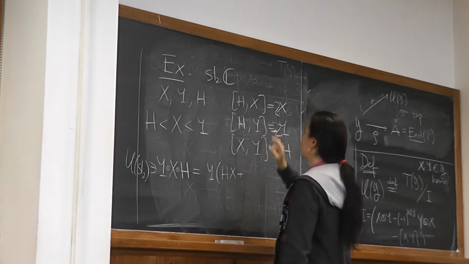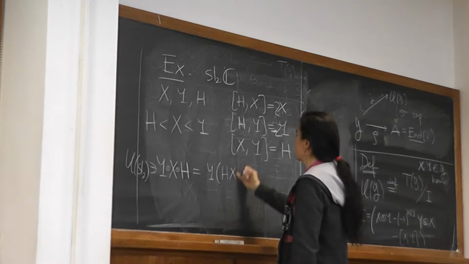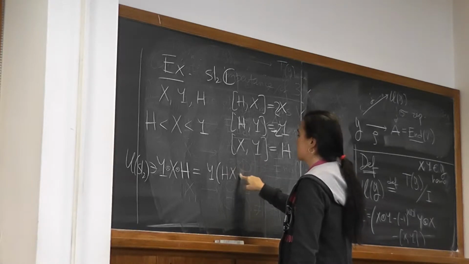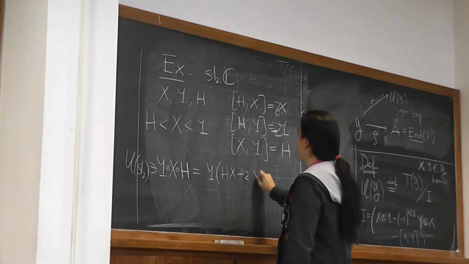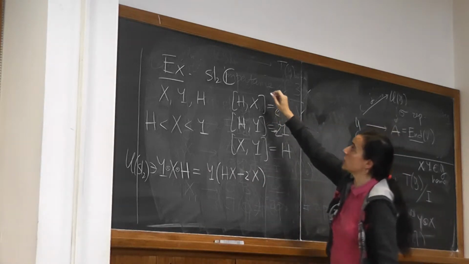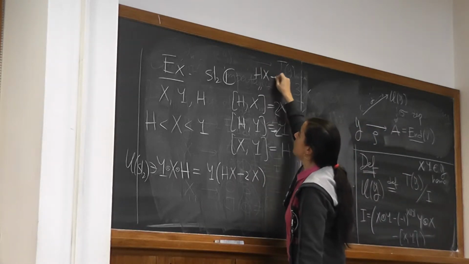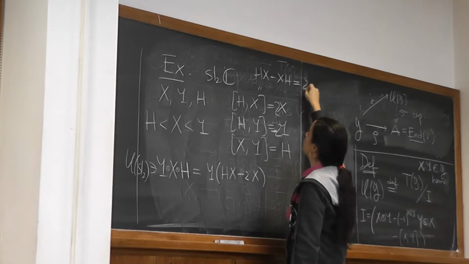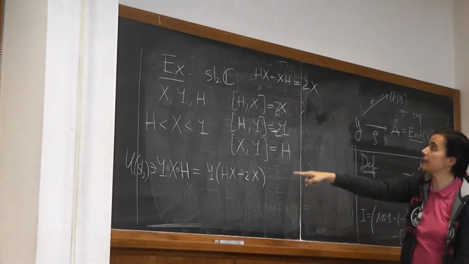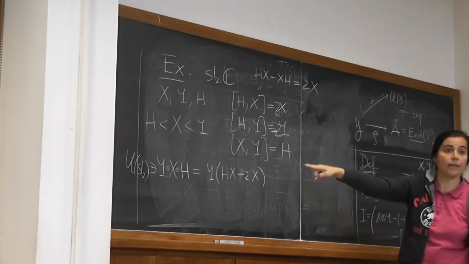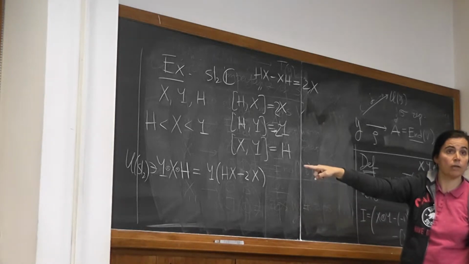So this, oh god, it's the other way around. So this hx minus 2x. So I use this relation, right? It says hx minus xh equal to x. So I'm using this relation to write, you see what I'm doing?